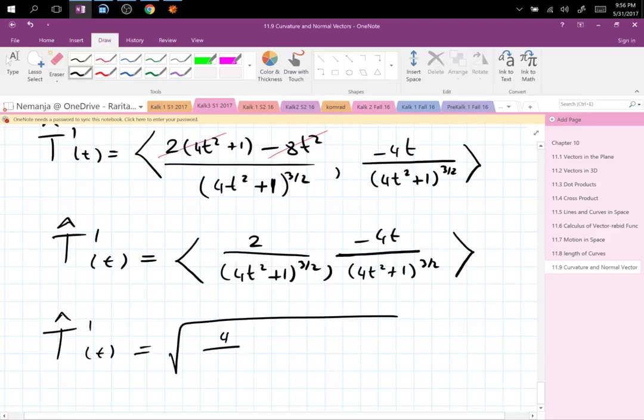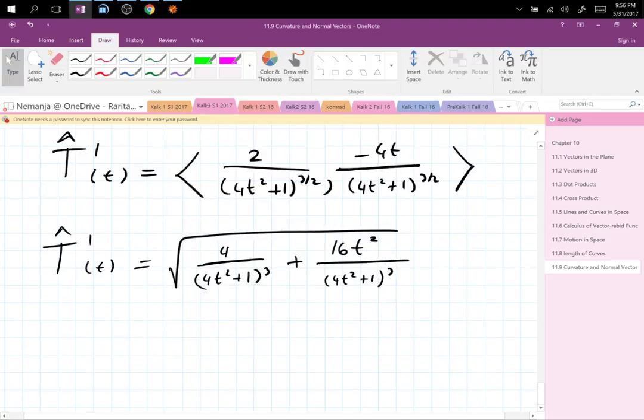So that's 4 over (4t squared plus 1) cubed plus 16t squared over, again, (4t squared plus 1) cubed, and you get 16t squared plus 4.